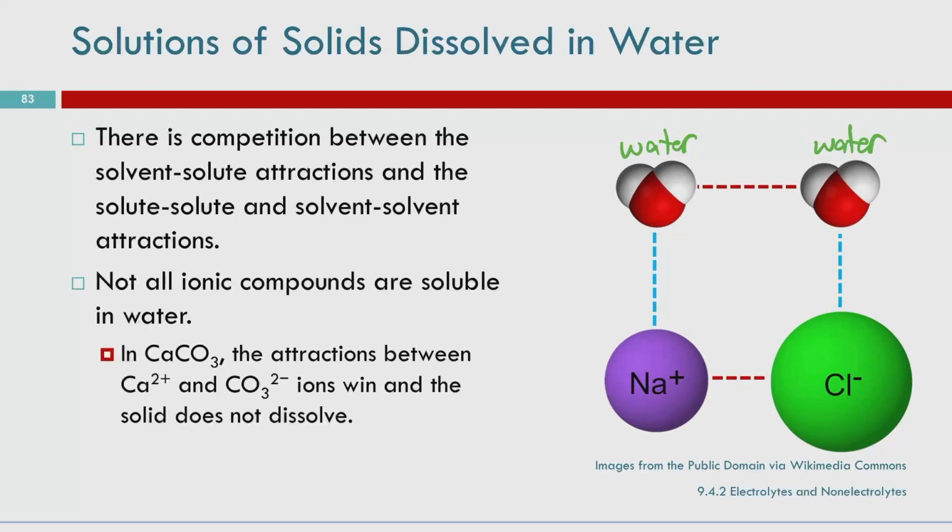In order for us to pull apart the sodium and the chloride, water has to have a strong affinity for these ions to be able to pull them apart. It also has to not like itself so much that it won't associate with sodium and chloride. So our water here is our solvent, and our solute would be our sodium chloride.